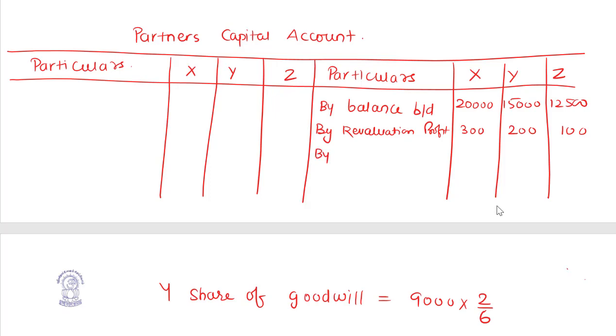By X capital account 900, by Z capital account 2,100, to Y capital account.